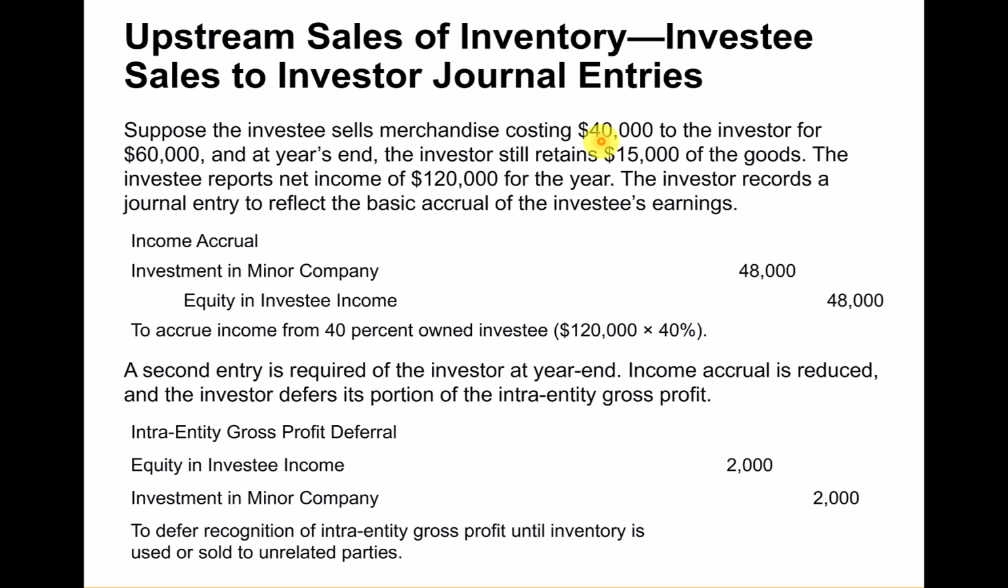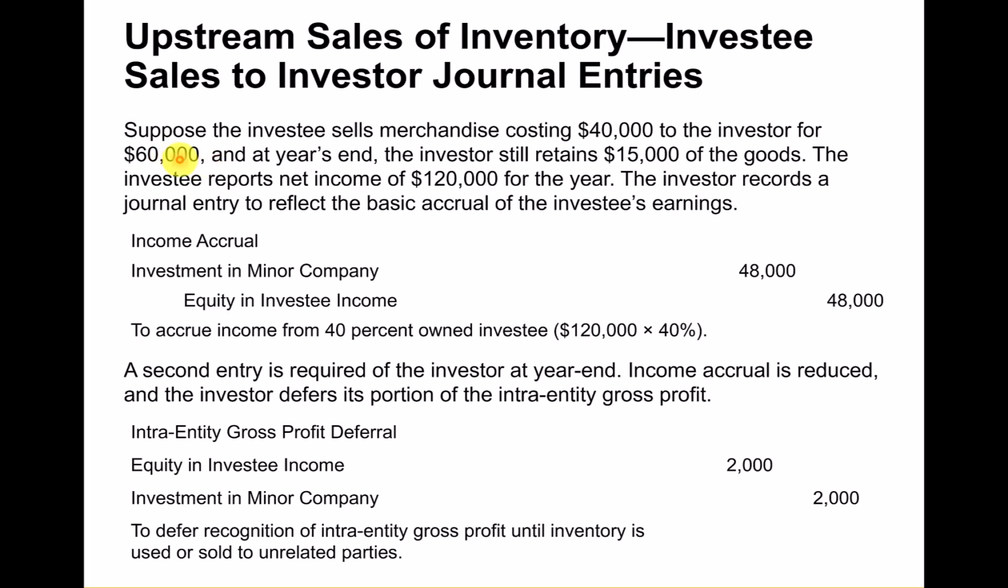And all $20,000 can be reported as profit as long as the investor sells all of that merchandise they bought from the investee. But we're told that's not the case. The investor still has, at the end of the year, 15,000 of the 60,000 they bought from the investee. 15,000 out of the 60, that's 1/4 or 25%.